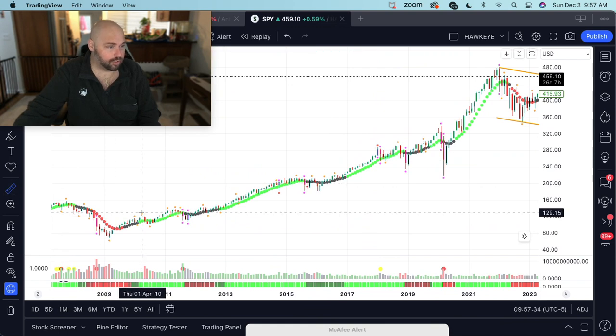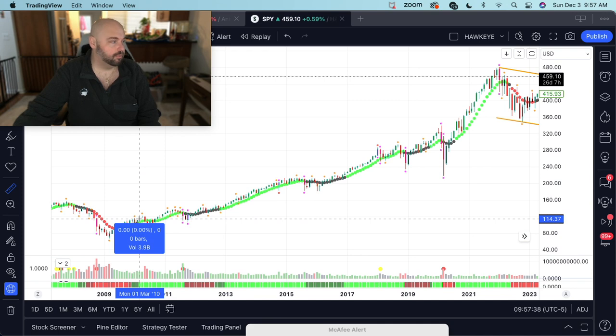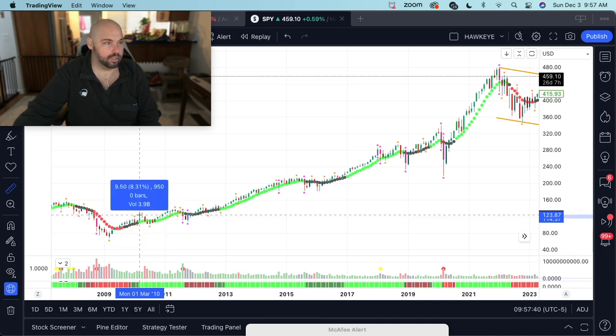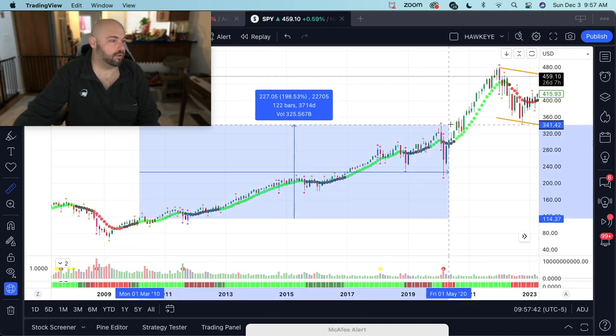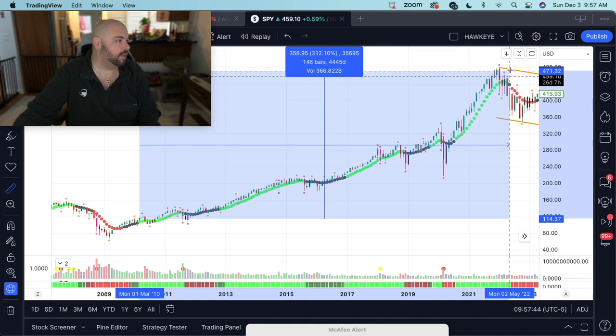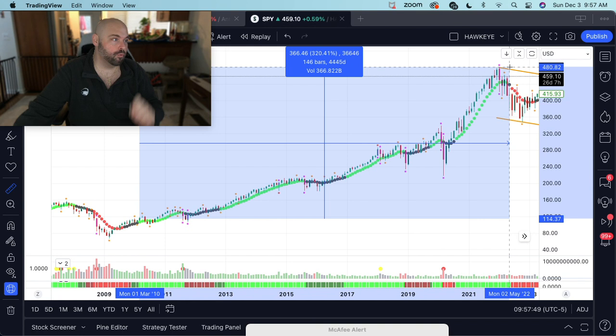So let's just say you bought it off the back of the Great Recession, somewhere around 114 bucks, 115 bucks. We'll just use round numbers. And you held on to it through this recent high. You're looking at a 320% return on the standard ETF that tracks the S&P 500.